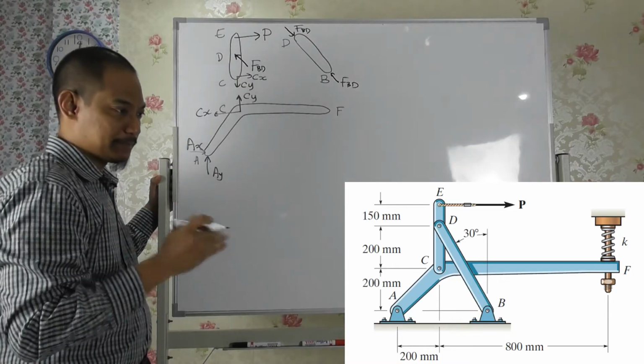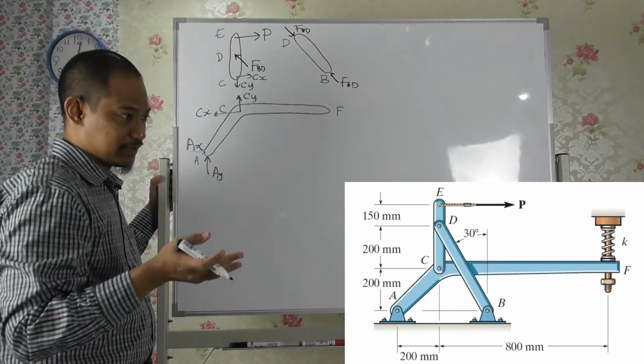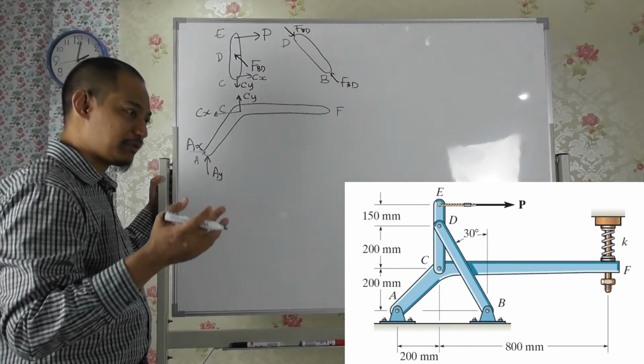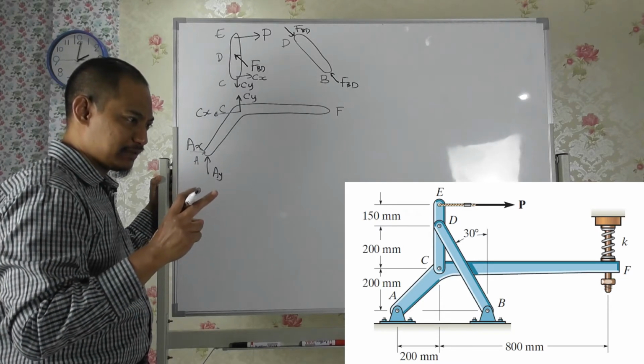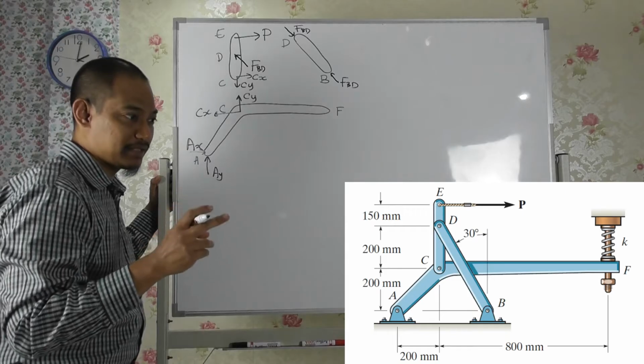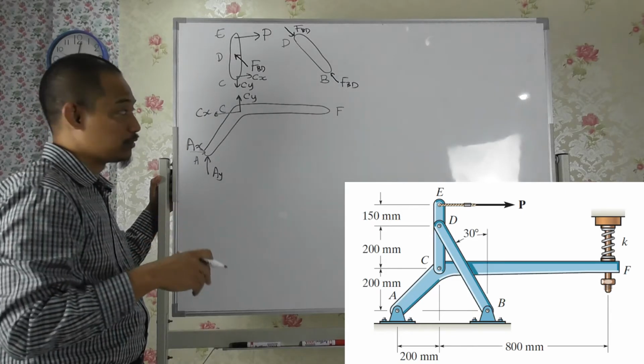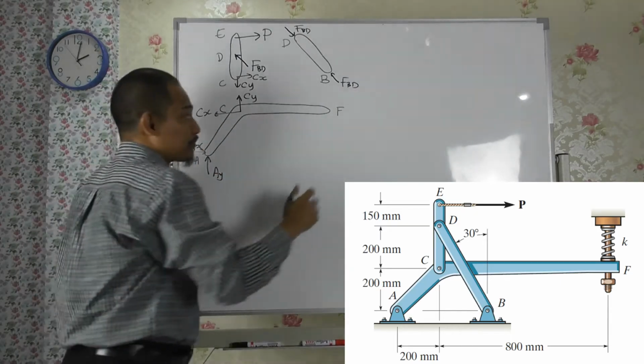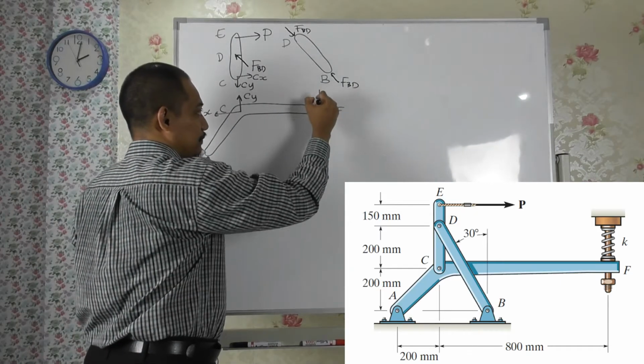And the question says the spring has a stiffness of 5 kilonewton per meter, and then the spring is being compressed by 0.02 meter, right? So if the spring is being compressed, meaning it wants to push back, so it is pushing down.